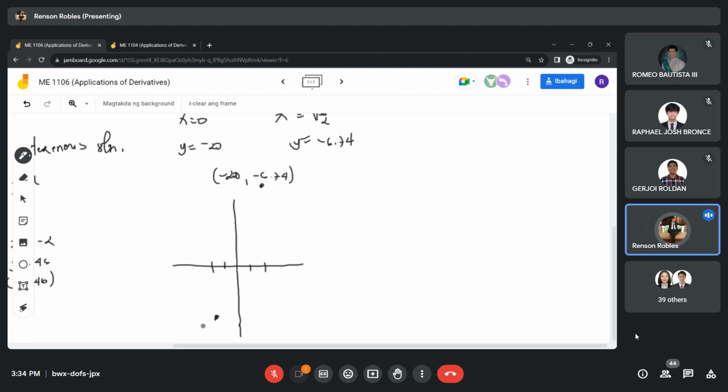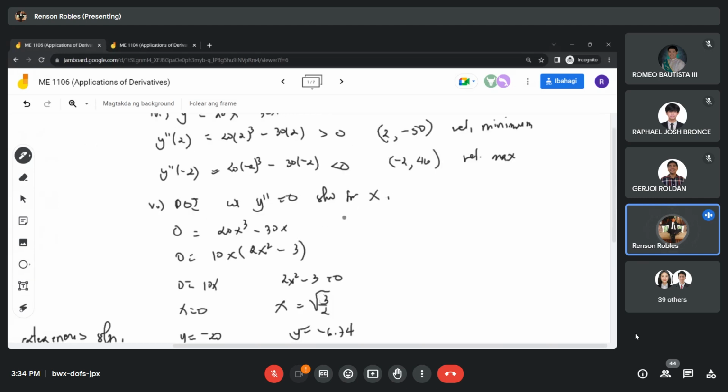And then, what is this one? Is it a relative min or max?